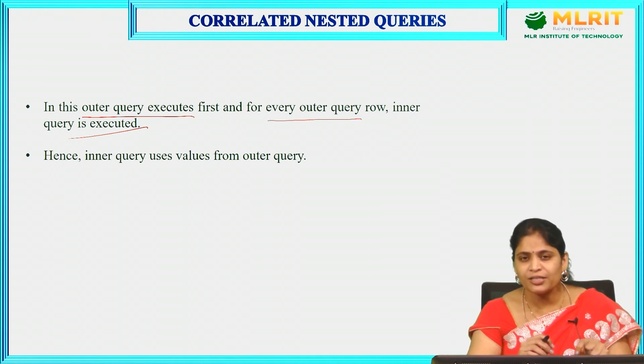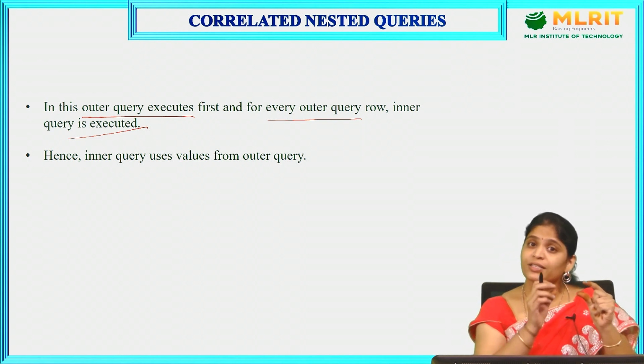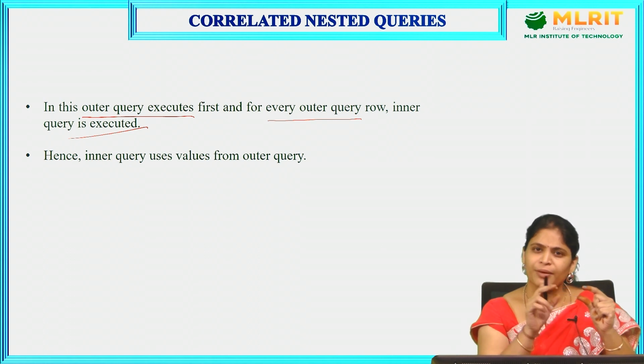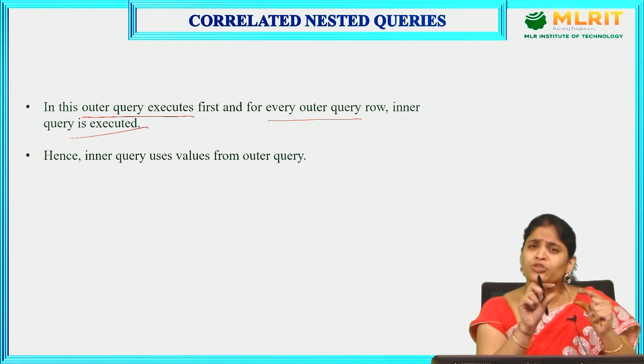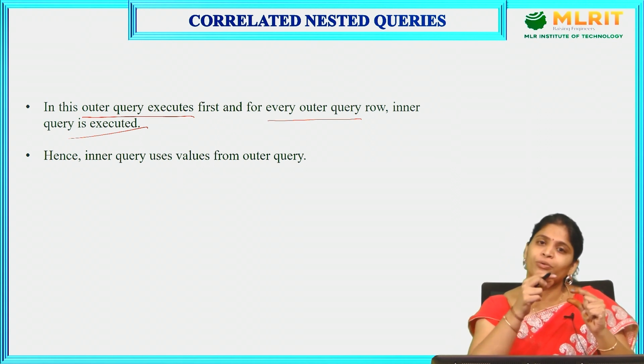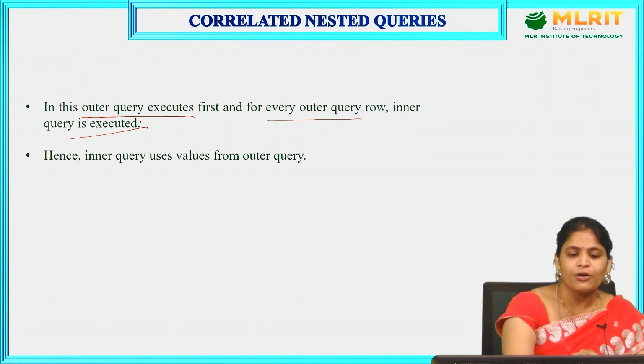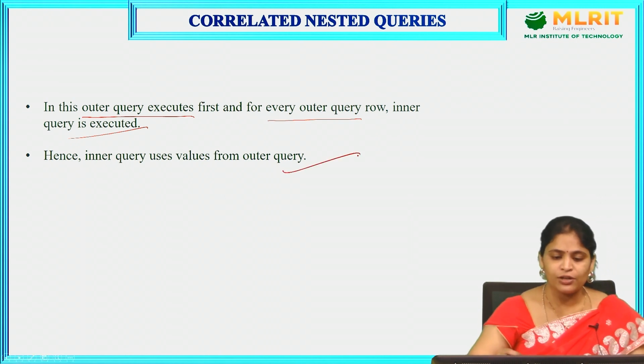In correlated nested queries, first of all the outer query is executed and produces a number of rows, and each row of the outer query is compared with the inner subquery. So the outer query executes first, and for each outer query row, the inner query is executed. Hence, the inner query uses values from the outer query.